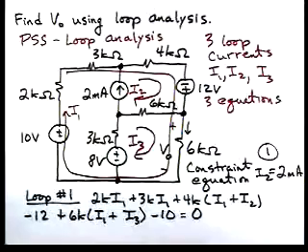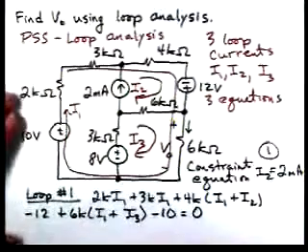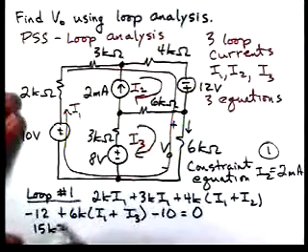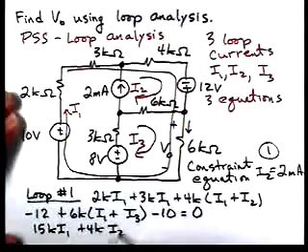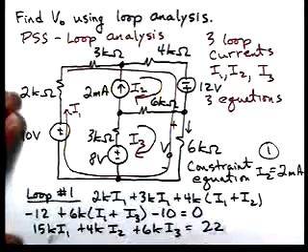Okay, now collecting terms, we'll get 15K I1 plus 4K I2 plus 6K I3 is equal to 22.